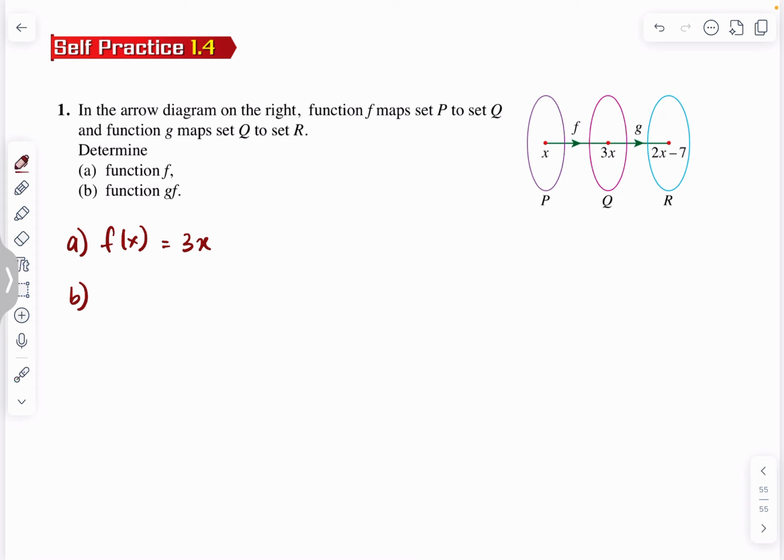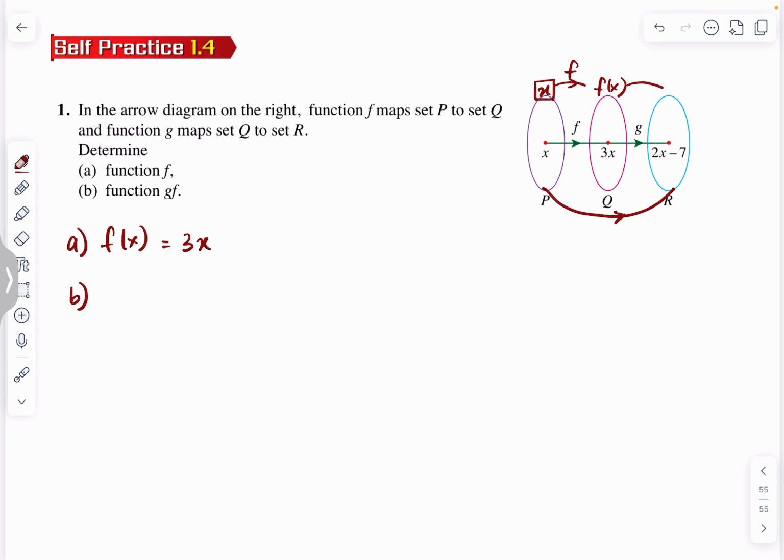So this one is a composite function. Let's analyze this first. The function that leads this to this, first we need to identify. If this is x, this becomes f of x, because this is our object, related by function f, so it becomes f of the object.